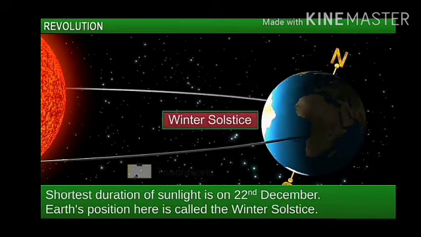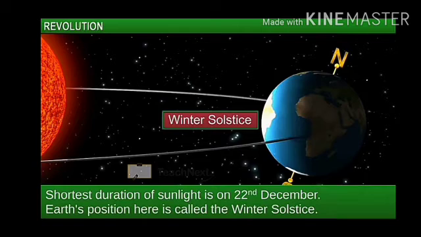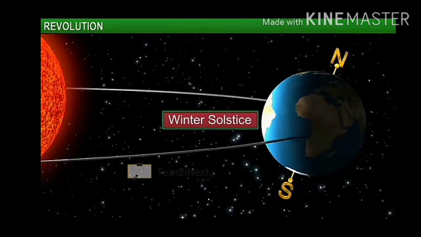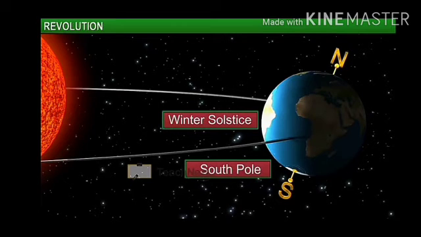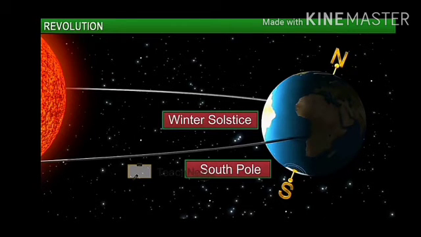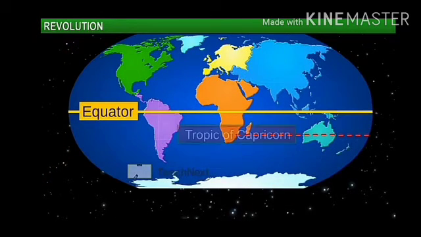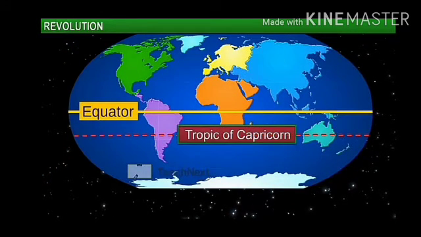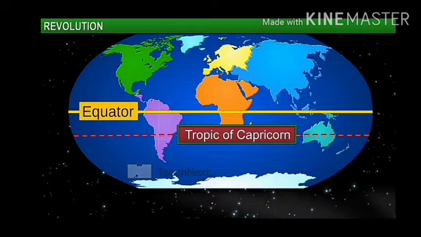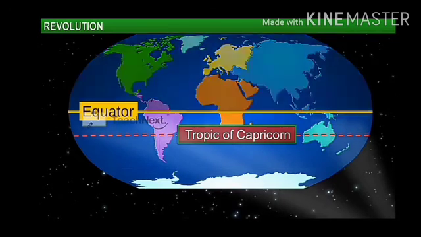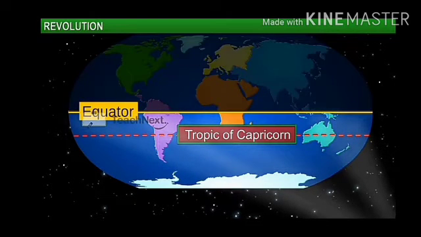This position of the Earth is known as the winter solstice. This time, the South Pole is tilted toward the Sun. This area is the Tropic of Capricorn, which receives direct sunlight from the Sun, and hence it's summer in the southern hemisphere.